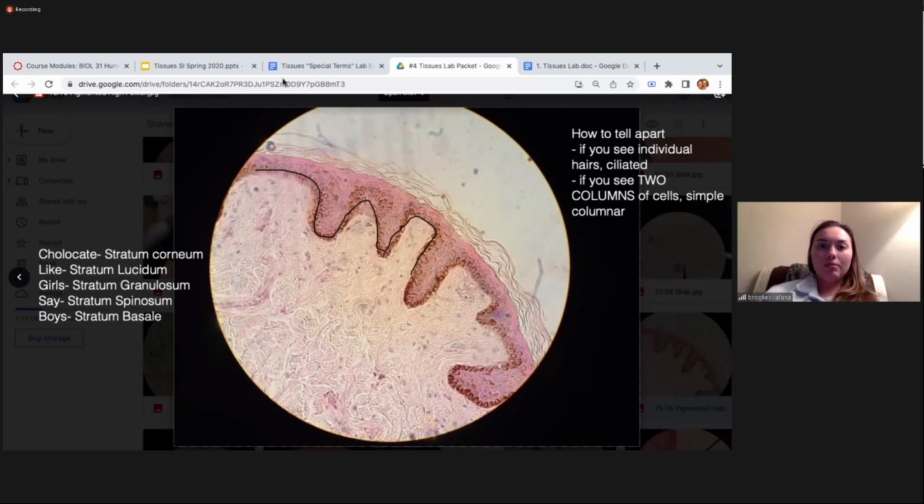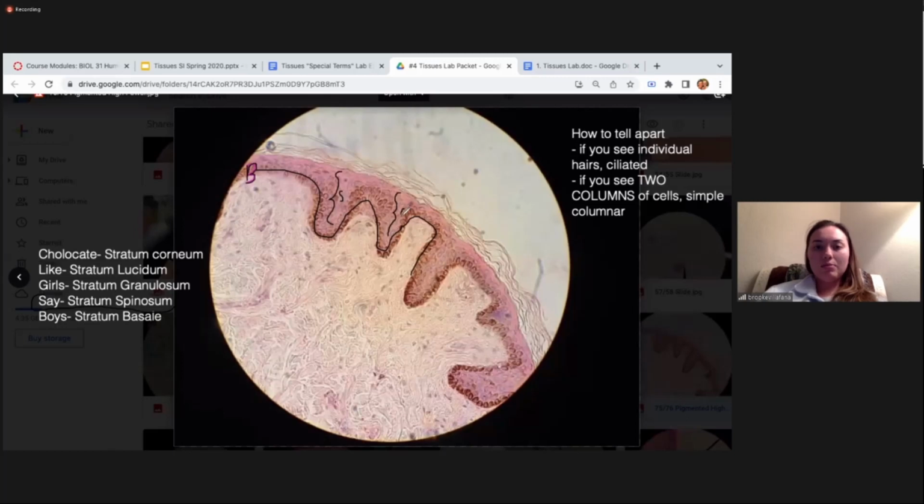Let's see, what can I get. So this is B for boys. I don't love that. That color is really hard to see. Let's just do black. Okay. Next one would be stratum spinosum, right? Say, boys say. So stratum spinosum is right here. Okay, this is S, stratum spinosum.